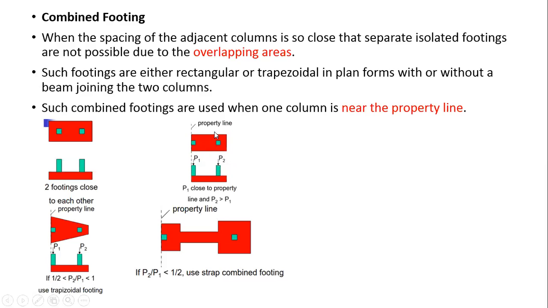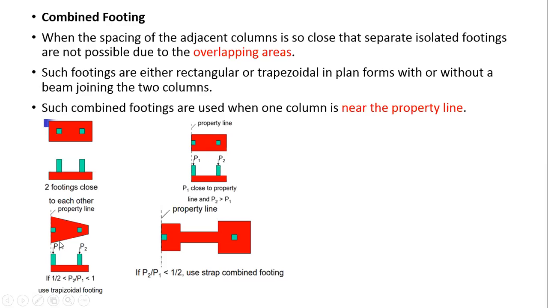Okay, so this is the condition when we generally encounter in case of columns near to the property line. So here P1 is close to property line. This P1 column is close to property line and P2 is greater than P1. Now the load on the column which is inside, P2, is more than this P1 here. Okay, so in that case we have to provide this rectangular combined footing, okay, of this type.